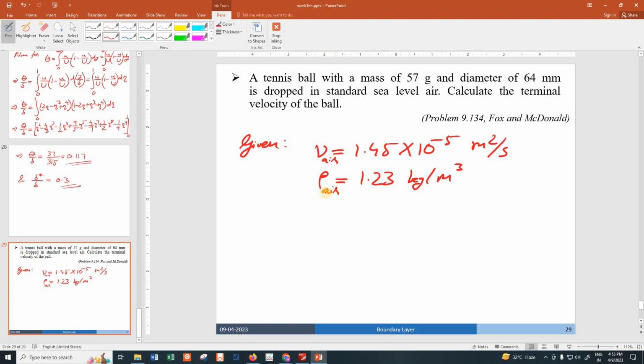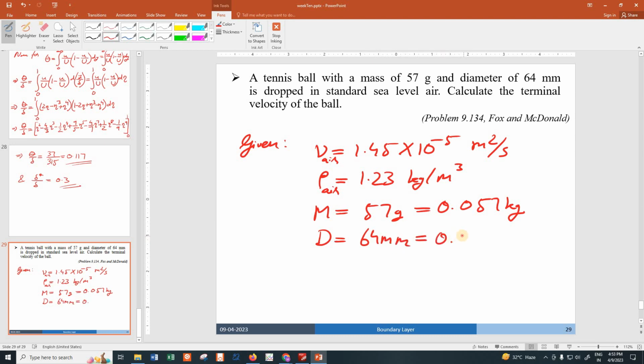The mass of the tennis ball is 57 gram or 0.057 kg, and diameter is 64 mm or 0.064 meters.